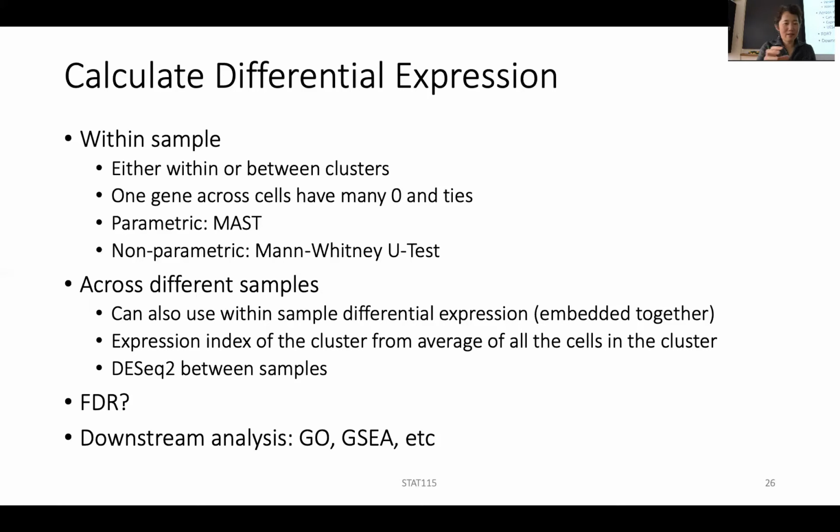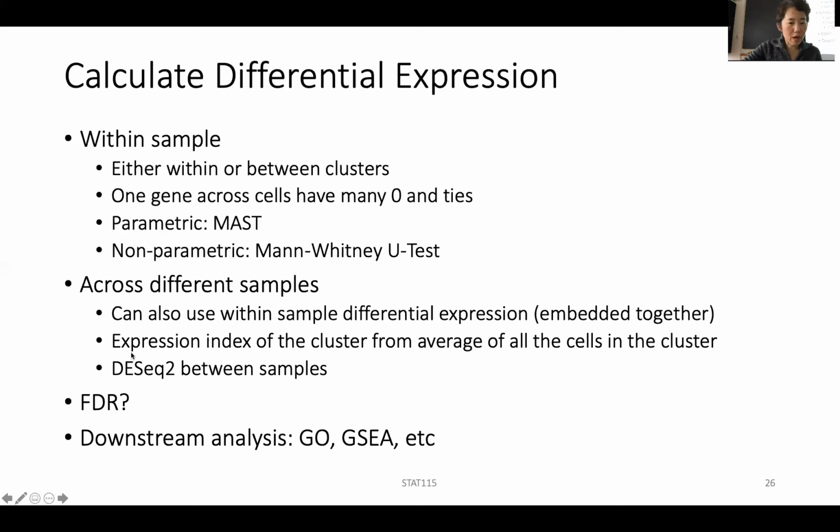And then you could say, okay, within this whole cluster, let's look at the cells in one tissue or one sample versus all the cells in another sample, and you can still compare their difference. It could be that they all belong to CD4, but they are shifted slightly within this bigger cluster, right? So one is slightly expressing something higher than the other. You can still do that, and for that you can still use either MAST or the Mann-Whitney U test.